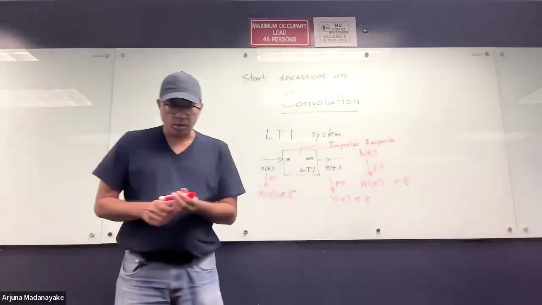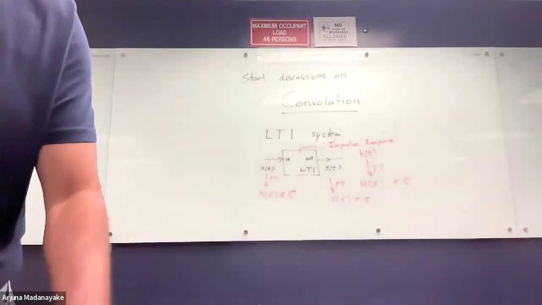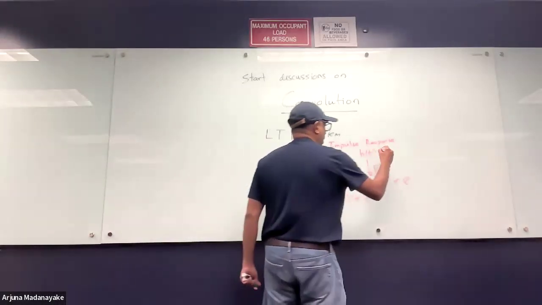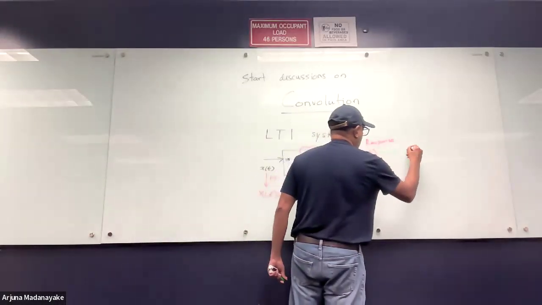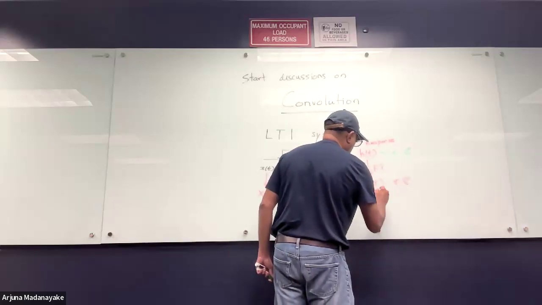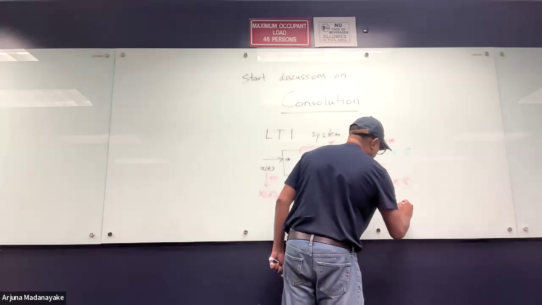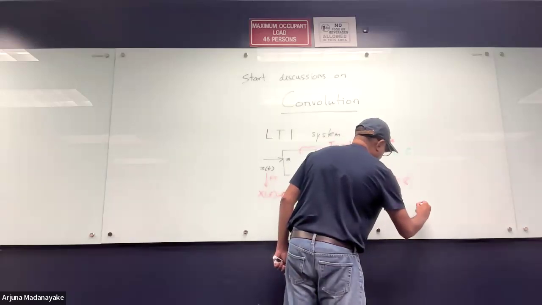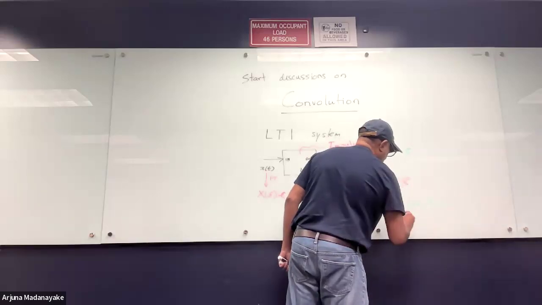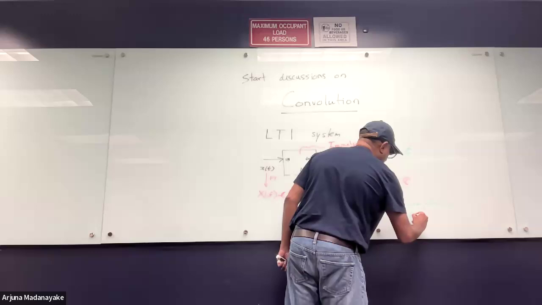In terms of terminology, you have an impulse response small h of t. In general, this is complex valued and this is complex valued. This function is called the transfer function, the transfer function in the frequency domain.